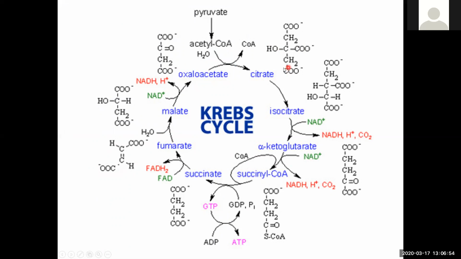And after that, the whole purpose of this cycle is to chop off a carbon, or a CO2 group, and make energy. This goes to the electron transport system to make a lot of ATP. We cut off another carbon, we get CO2 out, and we get more of this charged product that will make more ATP.